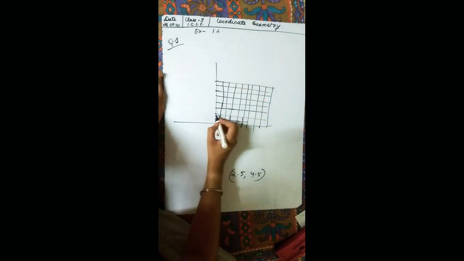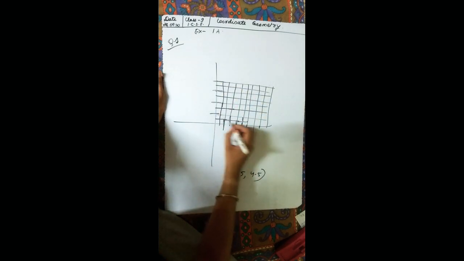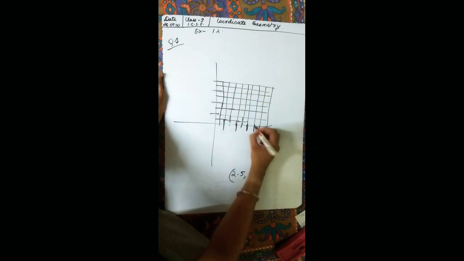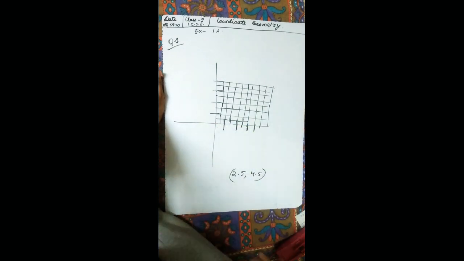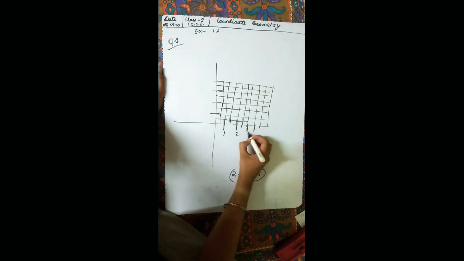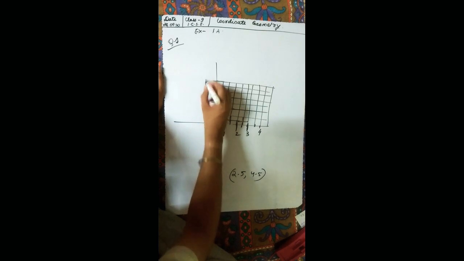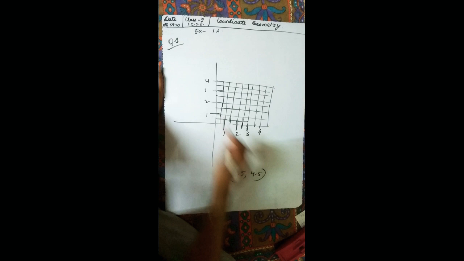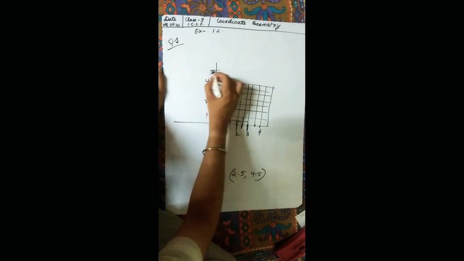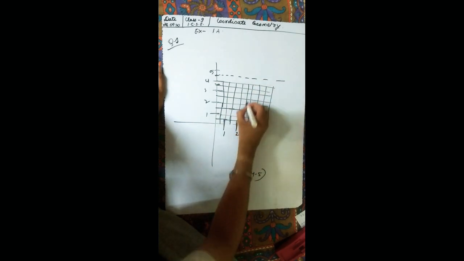This was 1, this was 2, this was 3, this was 4. So 2.5 will be in the middle of 2 and 3, and 4.5 will be in the middle of 4 and 5. So this is 4.5 and this is 2.5. So this will be the point.